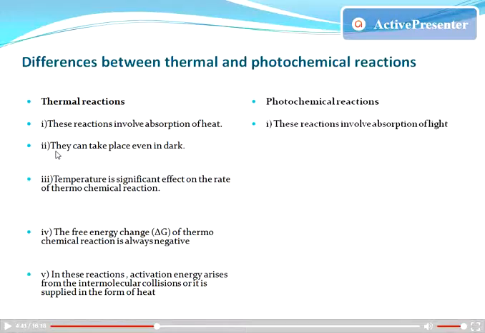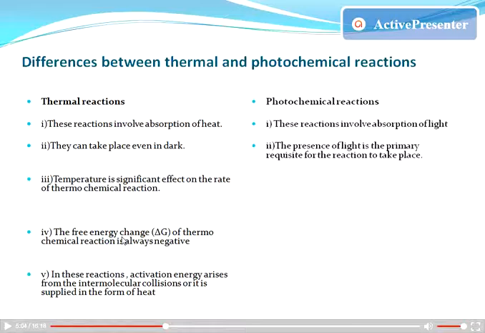And then another one, thermochemical reactions can take place in the dark provided that we have heat. And also on the side of photochemical reactions, the presence of light is so important.